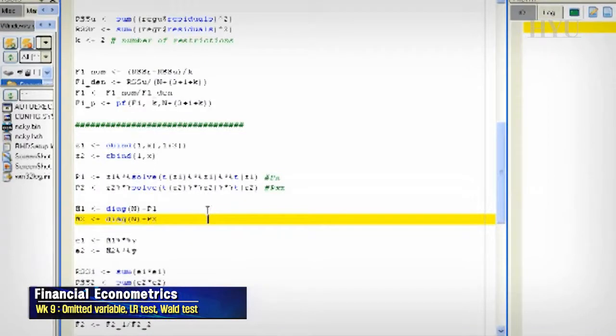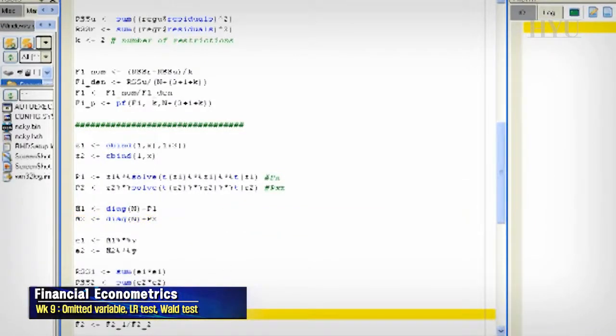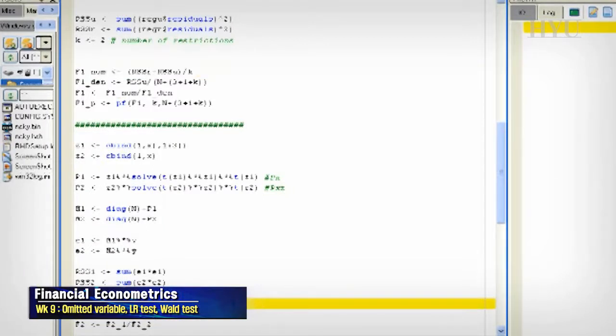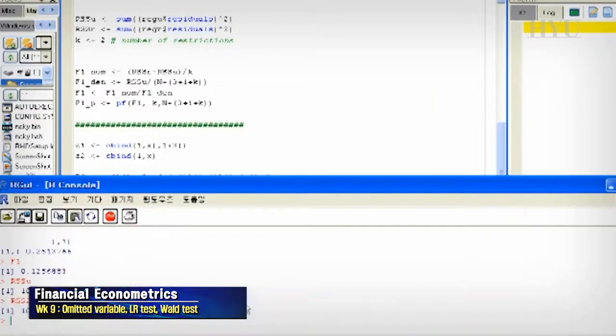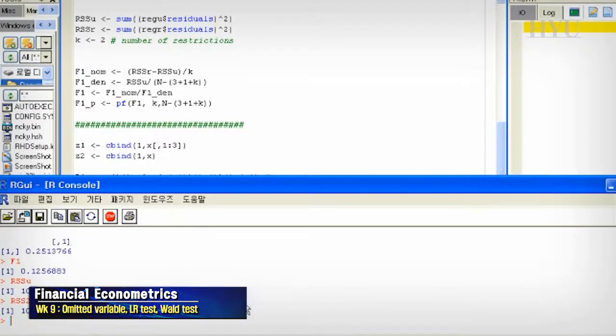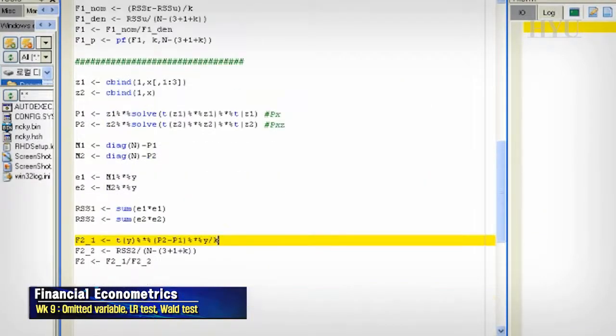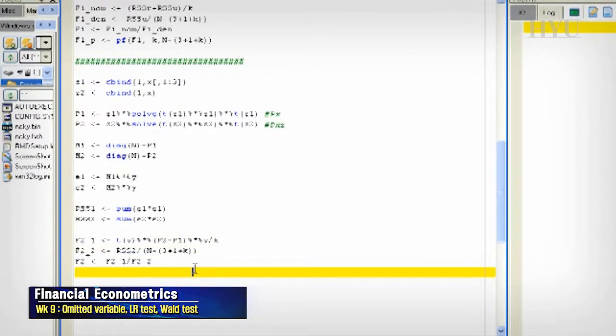Okay, so this and these are the same, which means, sorry, I have to divide it by K. F2 divided by K, then 1, 2, 5, 6, 1, 2, 5, 6. Okay, so they are the same. So this is our F test. We did the F test, actually the likelihood ratio test, in 2 ways. So any question until now?